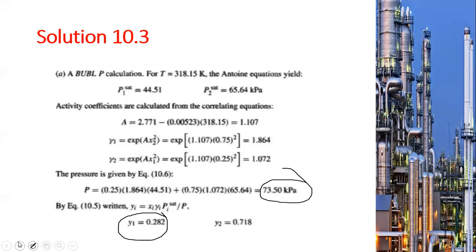Activity is equals to gamma times X. X is the mole fraction. A is activity. So, basically, ang mangyayari sa Raoult's law is P sub A is equals to P sub A star times gamma sub I times X sub I. Nadagdagan lang tayo ng gamma. Okay, so sana maging stock knowledge nyo, ha?